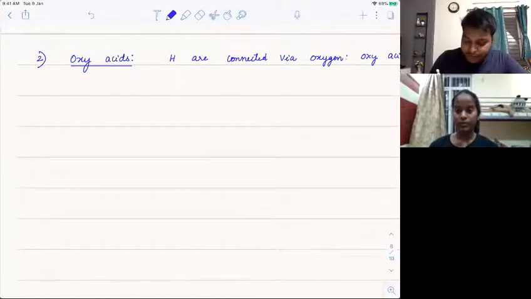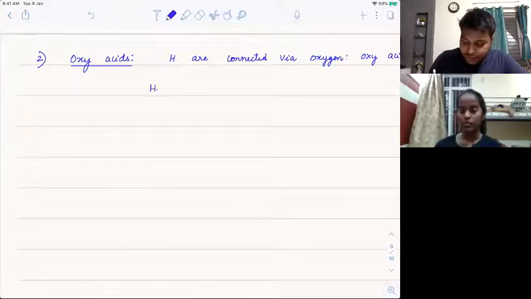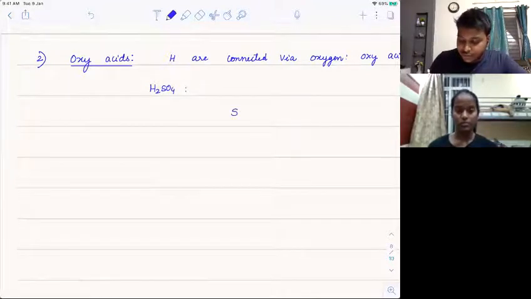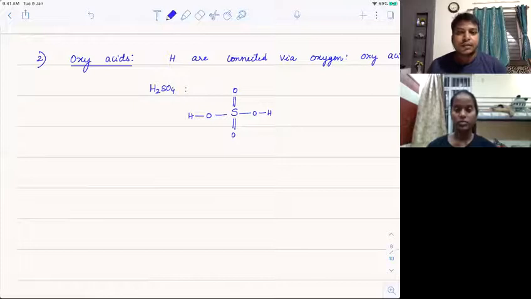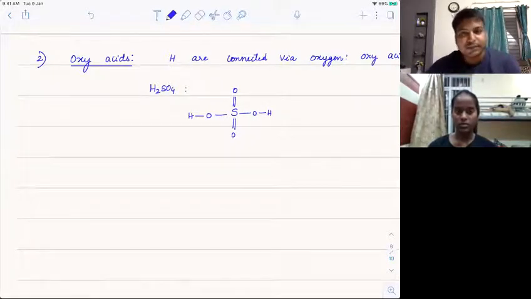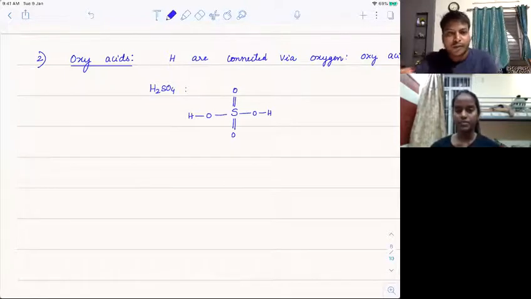For example, I told you about H2SO4. If you see H2SO4, the actual structure will be like this. Now you can see hydrogen is not directly connected to sulfur. It is connected via oxygen. So since it is connected via oxygen, we call them oxyacids. Got it?